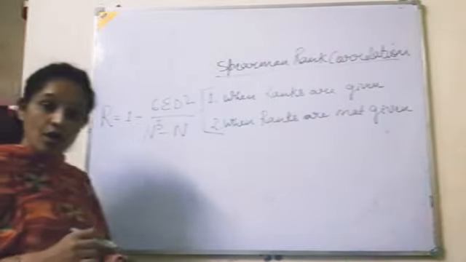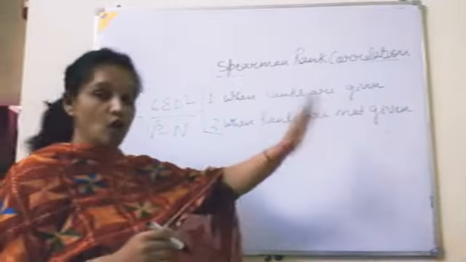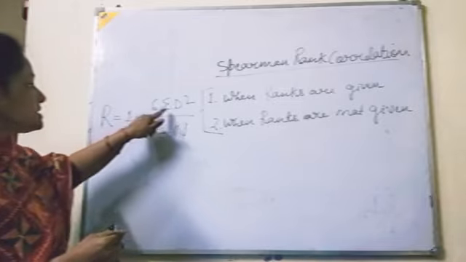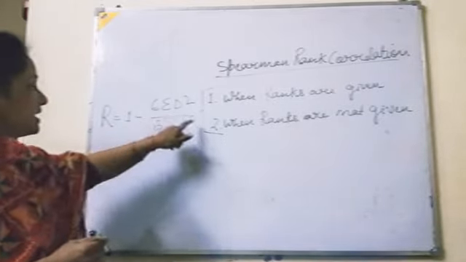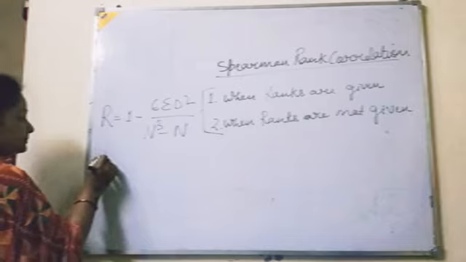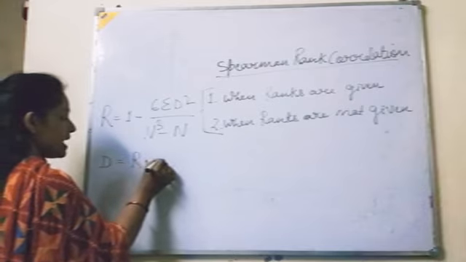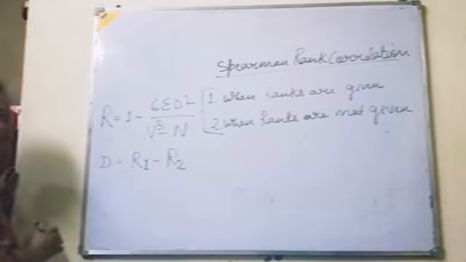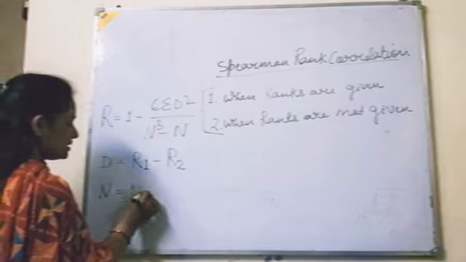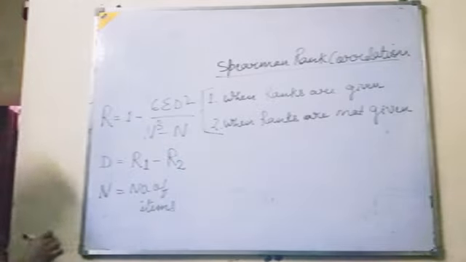Now, what is D? D is R1 minus R2. What is n? n is the number of items. Is it clear? Number of items.